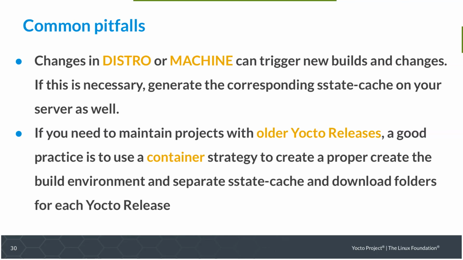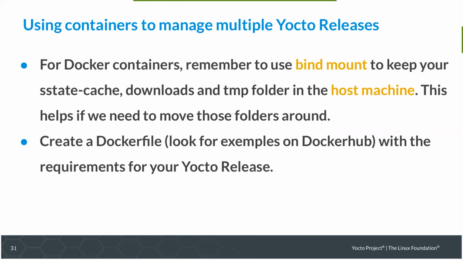You need a separate cache for each one, and also for the download folders. For that, you can use a Docker container. Just remember to bind mount the state cache, the downloads, and the TMP folder if you want, to the host machine, so you can easily move around. And you can find an example for this in Docker Hub for the Yocto release that you are planning to maintain.